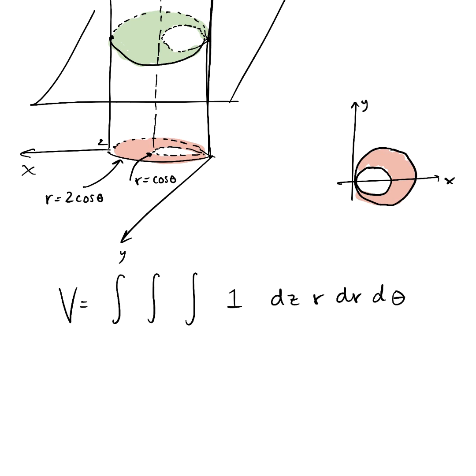And so now you have to describe that in polar. So think about what kind of angles we're talking about in that picture. So you got angles down here like this, and then like this, and like this. So the angles that we have are minus pi over 2 to pi over 2.